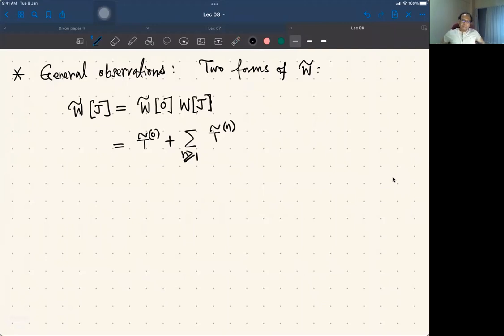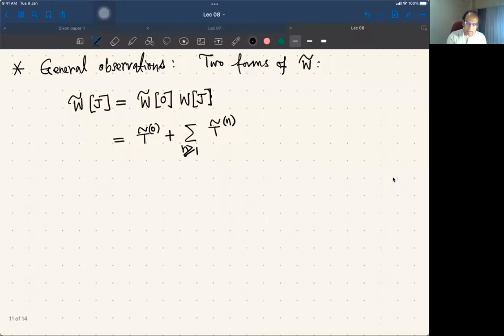Now, diagrammatically, if you wanted to think about it, then we know from our previous analysis, the basic point about the previous analysis was that the generating functional can be written as a sum of graphs drawn with lines and dots, and in the case of an interacting theory, you will also have vertices. We did not have vertices earlier, but now you will have vertices.